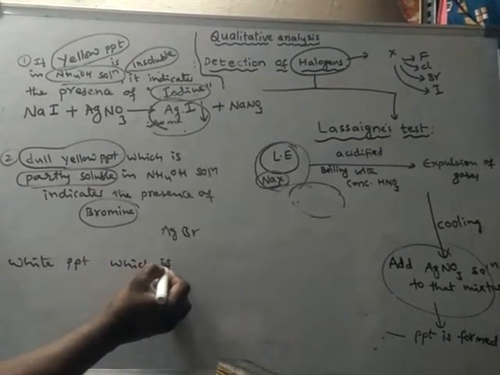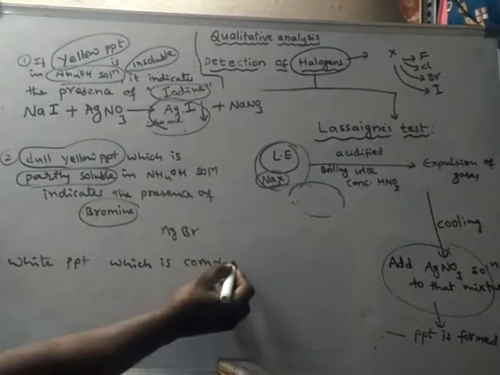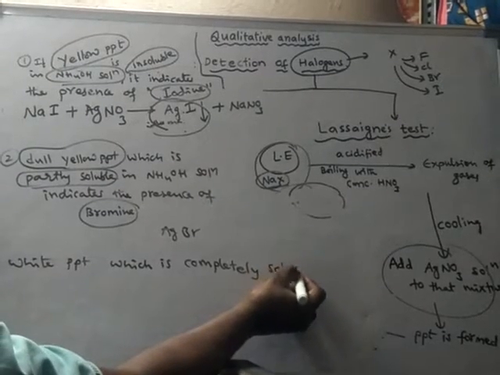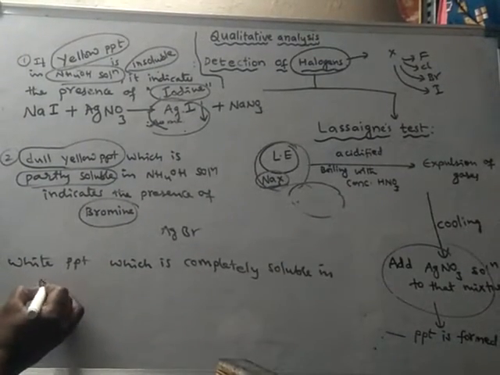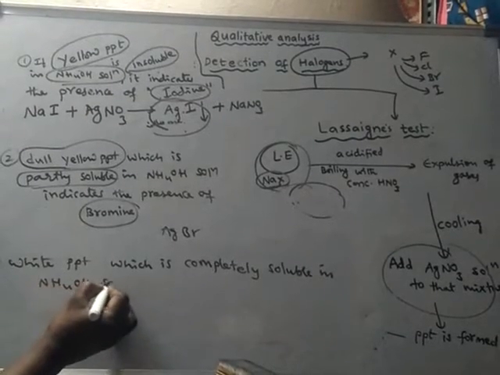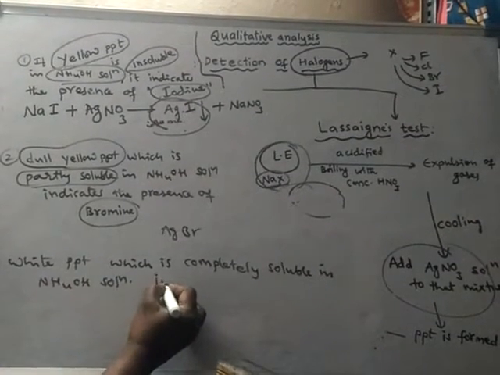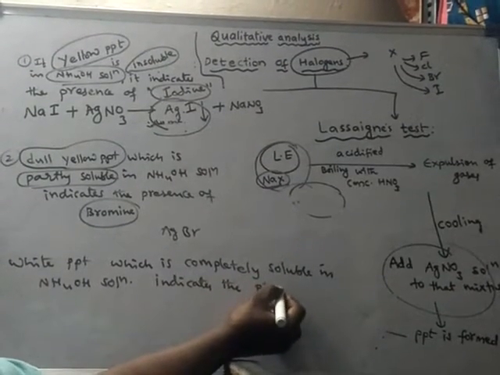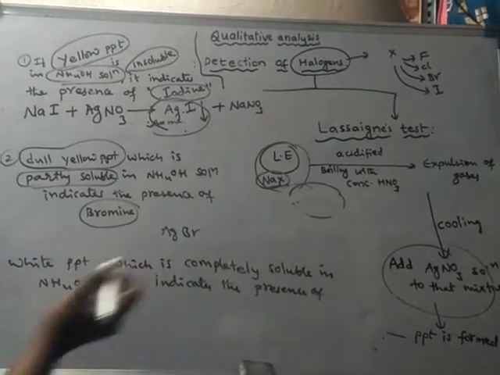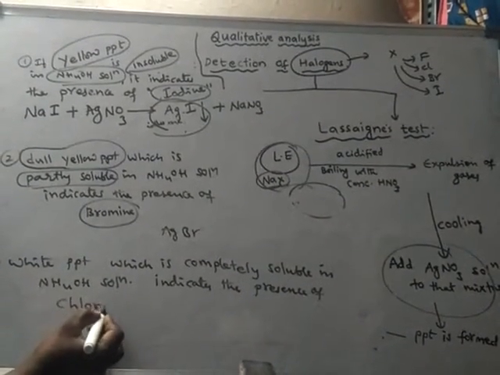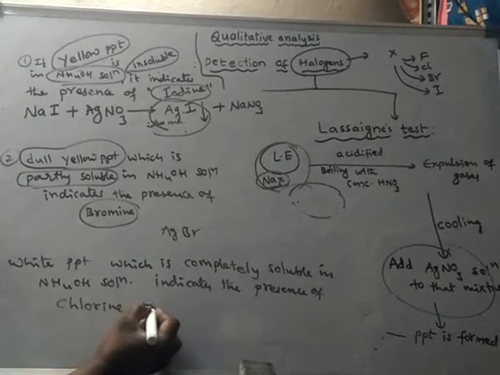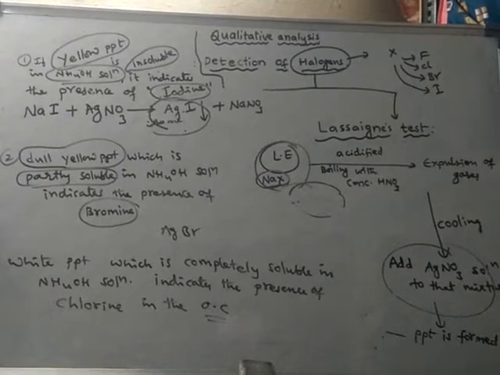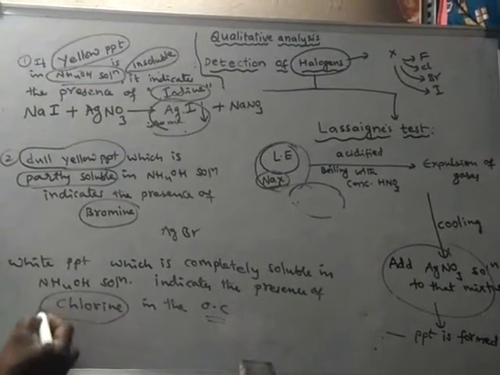And a white precipitate, which is completely soluble in NH4OH solution, indicates the presence of chlorine in the organic compound.